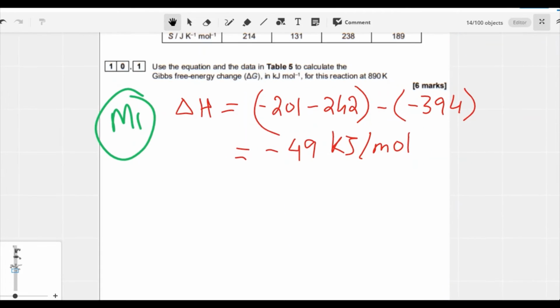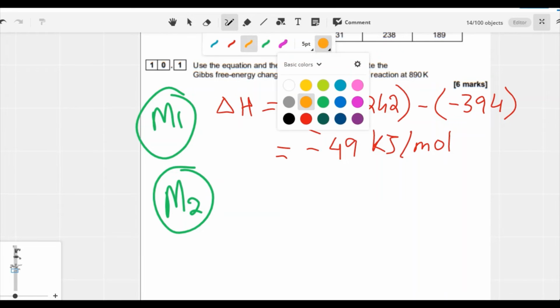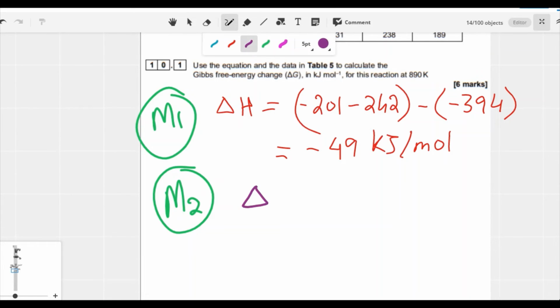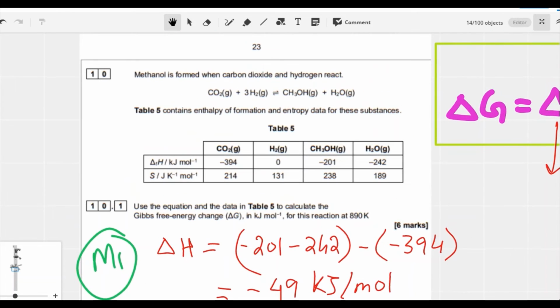Now you need to find step 2, that is delta S. So here I am going to show you with a different color. Delta S is equal to, again, product minus reactant. But if you see in the question, there are 3 moles of hydrogen, so it means we need to multiply 3 times 131 here.